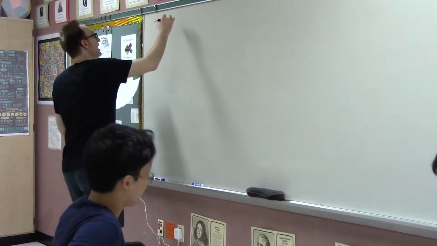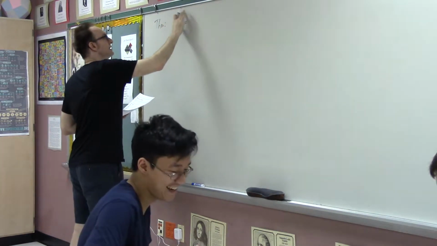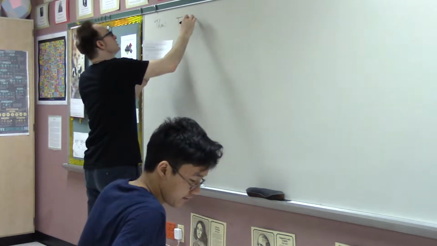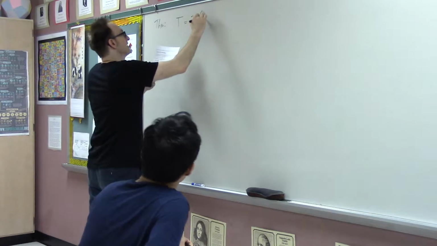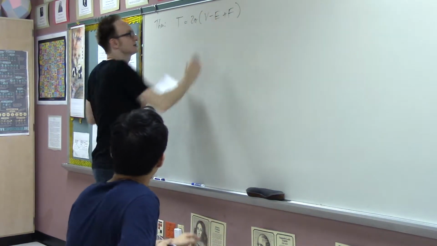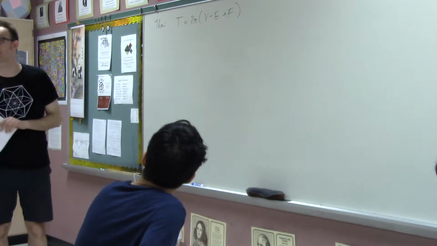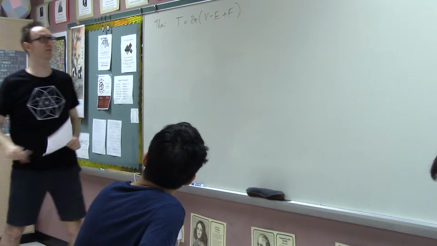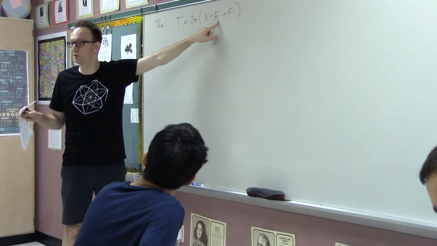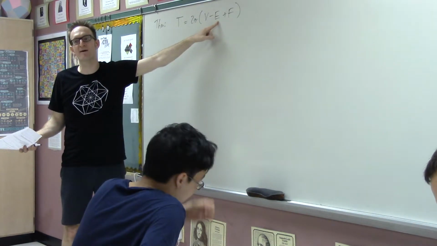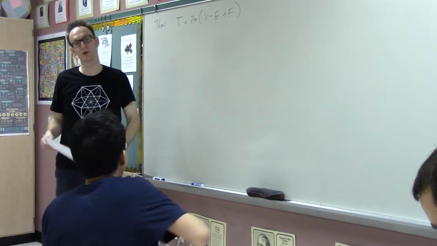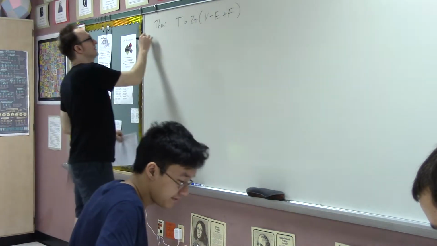So theorem: T, the total angular defect for all the vertices of any polyhedron, is 2 pi times (V minus E plus F). And so we're seeing that saying it's 720 is not quite correct. It's 4 pi if V minus E plus F is 2. And this is 2 for a shape with Euler characteristic 2, which is like all the so-called spherical polyhedra. Follow? Okay, good.